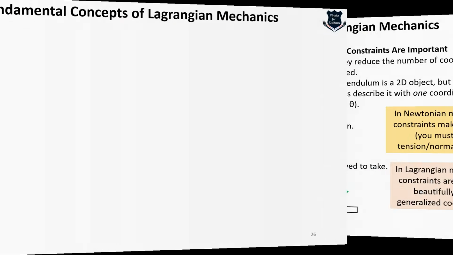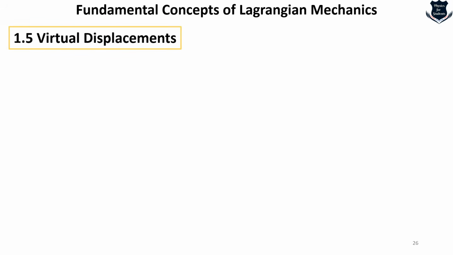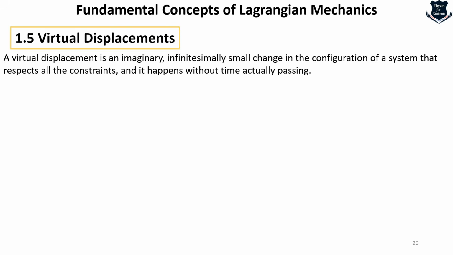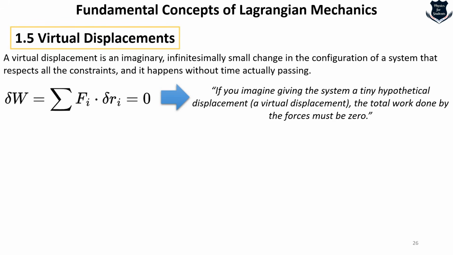Then comes a very important concept which is called virtual displacements. A virtual displacement is a tiny imagined change in a system's coordinates that happens without any time passing. Now this is the equation. It tells a simple thing: if you imagine giving the system a tiny hypothetical displacement, a small nudge, the total work done by the force must be zero.